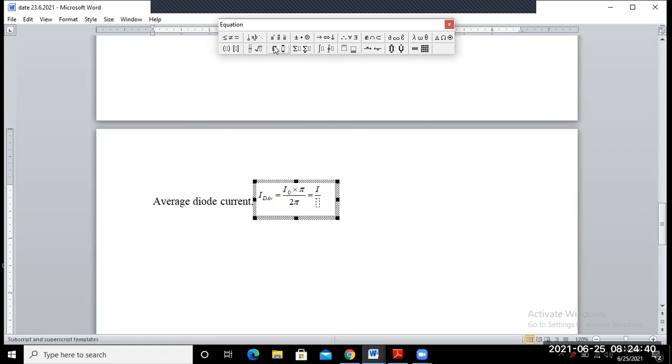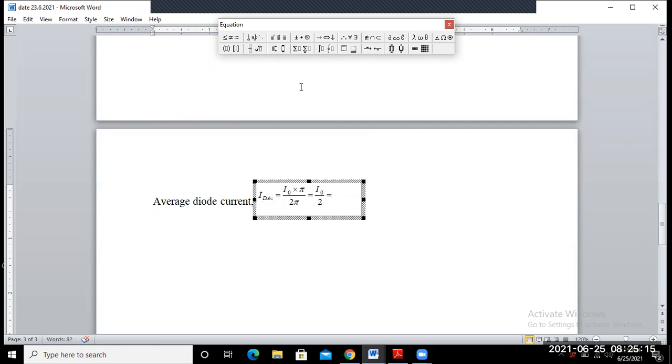Just put the value of I0, which you already found a few minutes earlier.